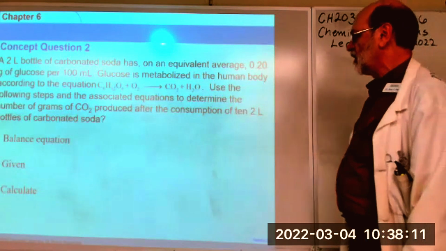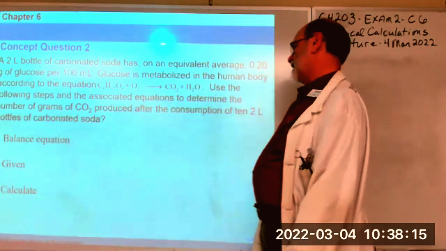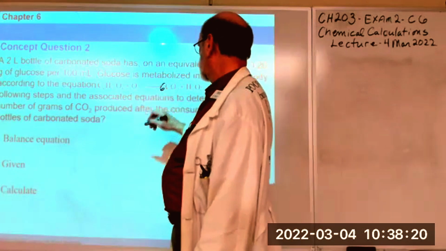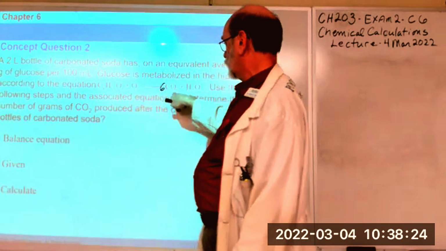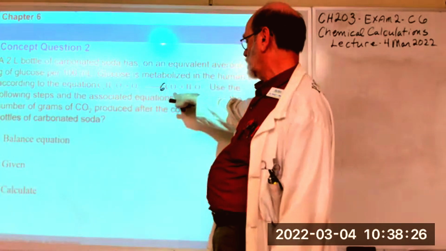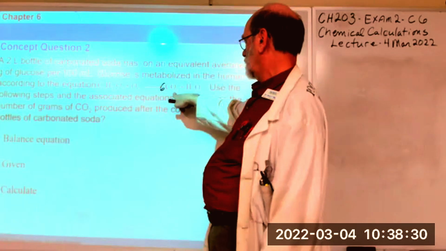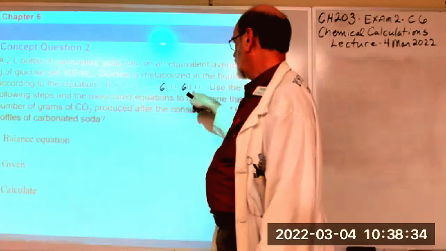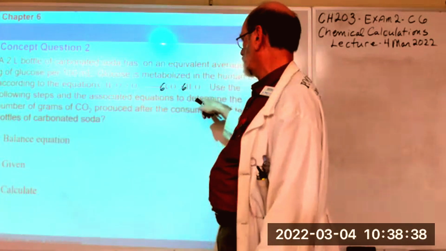Okay, what's the balanced equation? We've got to balance that equation. It should be fairly easy. Right, 6 carbons. That gives us 12. Well, let's do hydrogens. 12 hydrogens. So 6 oxygens, 12 oxygens, 18 oxygens.